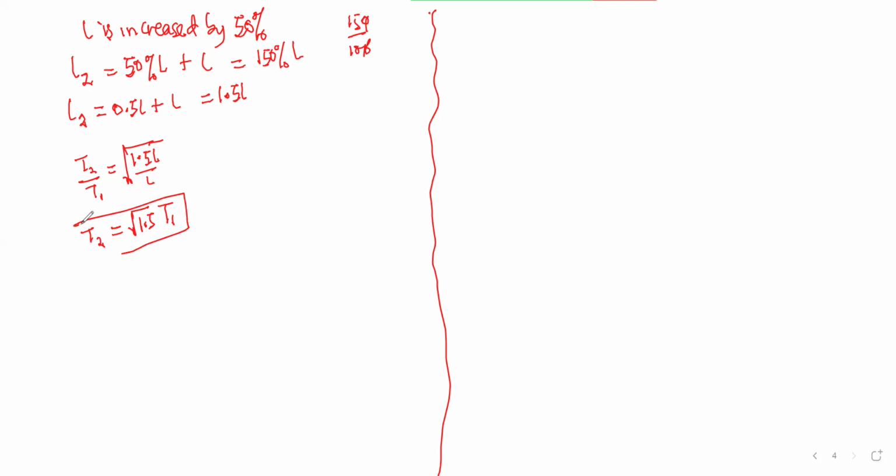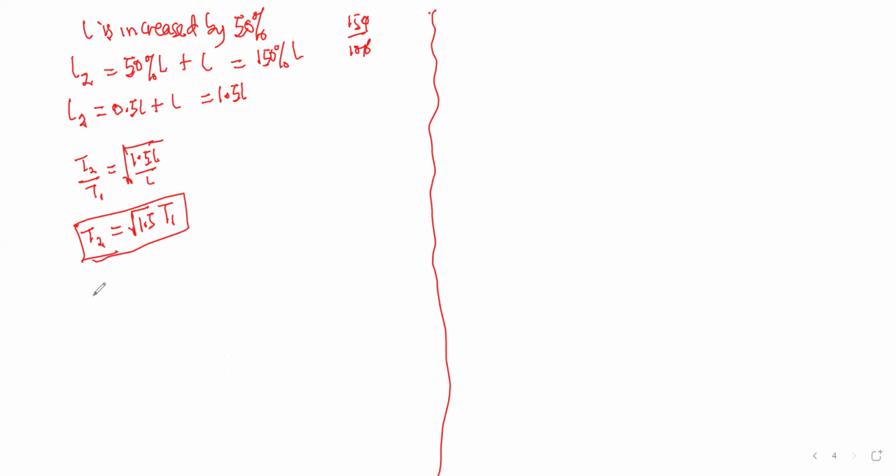This will be the new period. Please, is it understood? Yes, sir. Okay, so these are simple. Usually when you understand it and they talk about these percentages, you can easily do it.